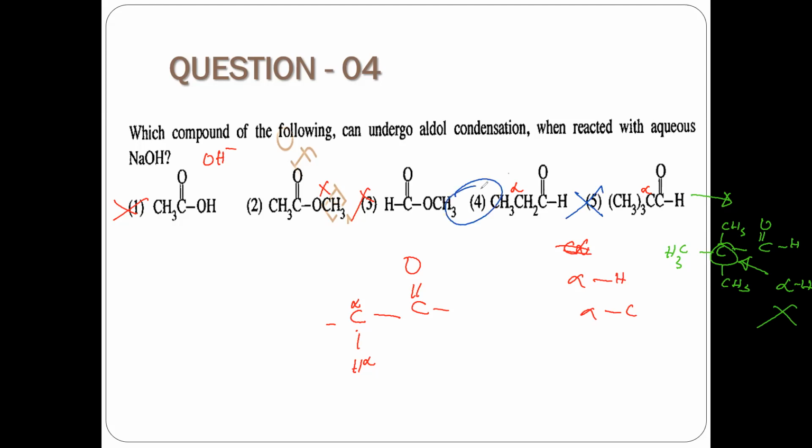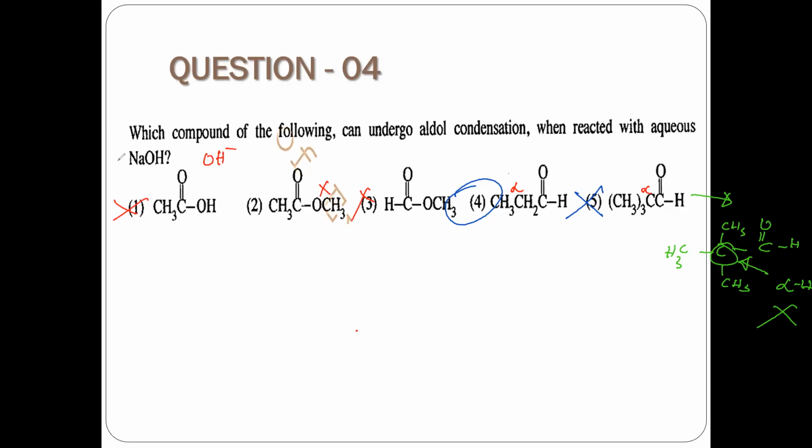So your answer is number 4. Quickly you can find the answer: number 4 is able to form the alpha carbon along with the alpha hydrogen, which takes part in your reaction. This is the alpha hydrogen. Let's write the condensation reaction for this. So your answer is number 4.